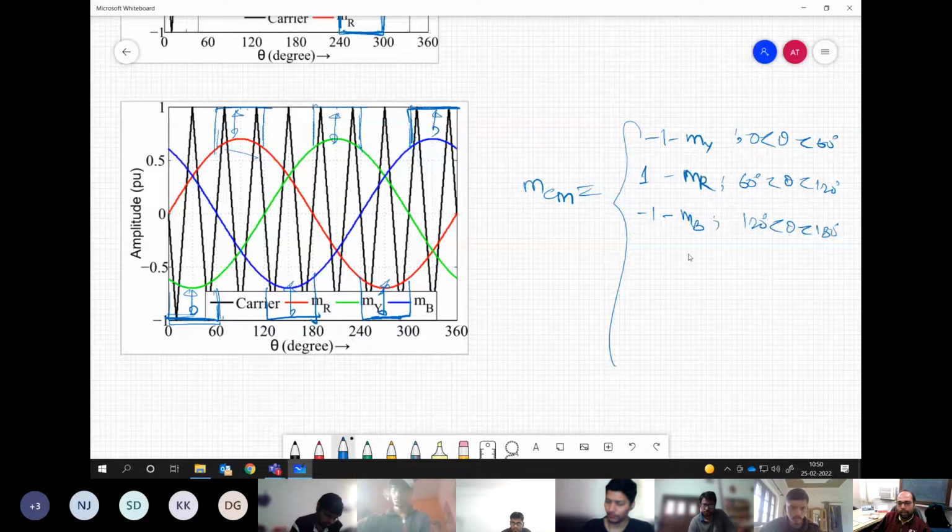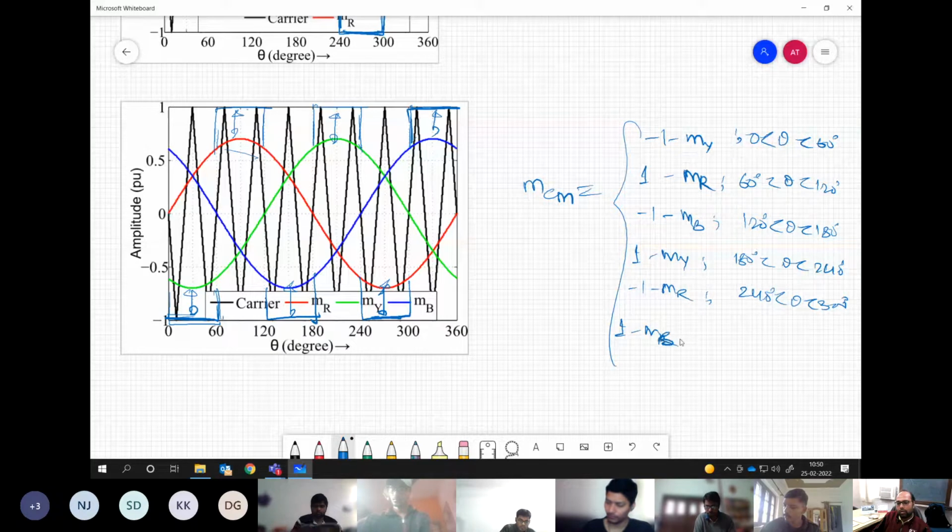Then we have Y phase peak 1 minus My. So 180 240 here. Then we have R phase negative peak -1 minus MR. And then we have B phase positive peak. So 1 minus MB 300 to 360. You understand my point? These are segments of waveforms which are getting added together to make the complete common mode.